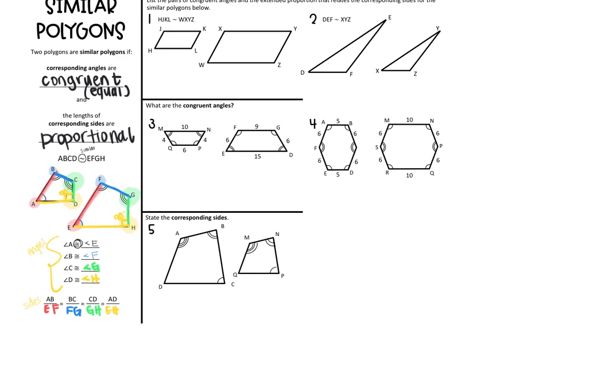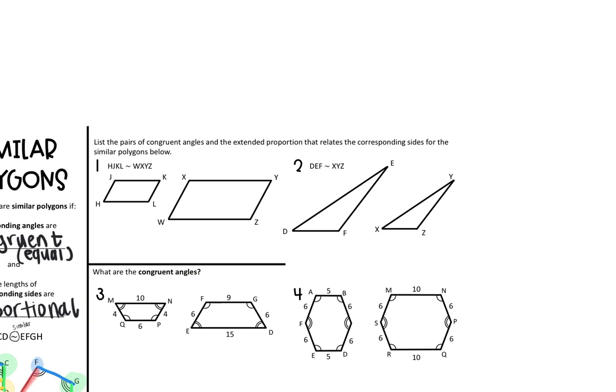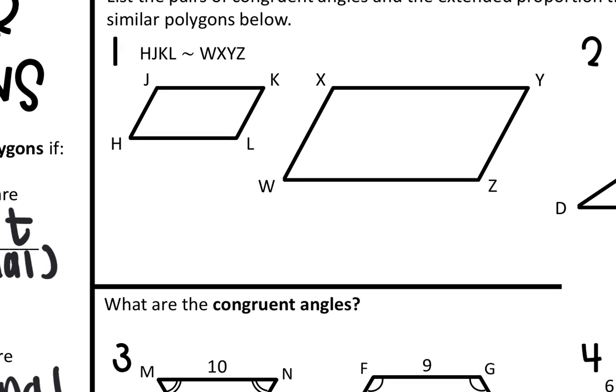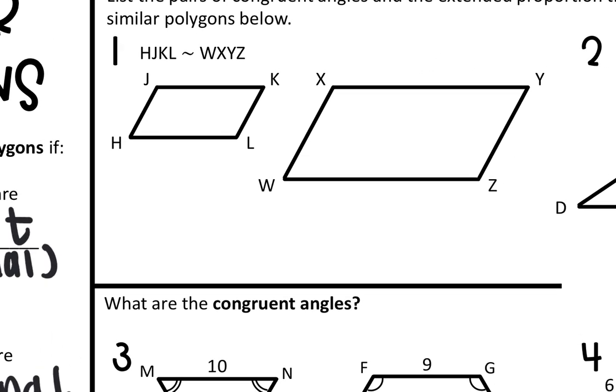All right, we have a couple questions here that we're going to answer as best as we can. So let's start with the first part over here at the top. It says, list the pairs of congruent angles and the proportions that relate to the corresponding sides of the similar figures below. Okay, I'm going to do number 1. It says HJKL is similar to WXYZ.